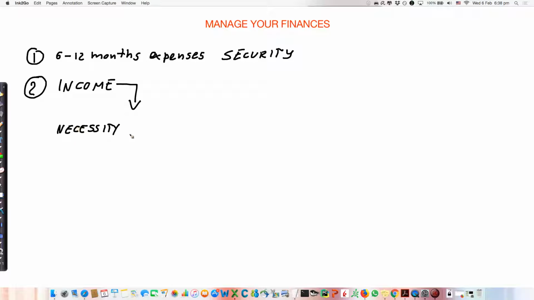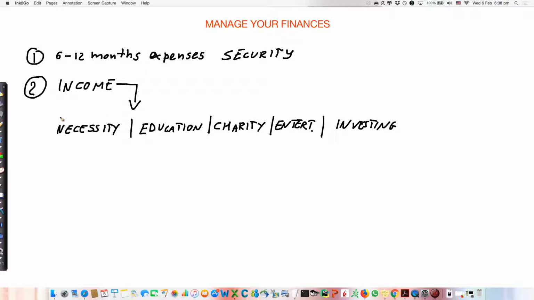Okay, then you have education, then charity, entertainment, and investing. Okay, so you have these 5 buckets.